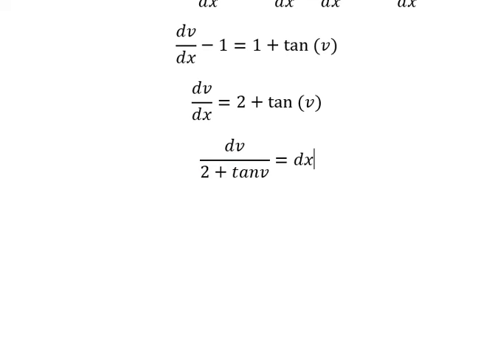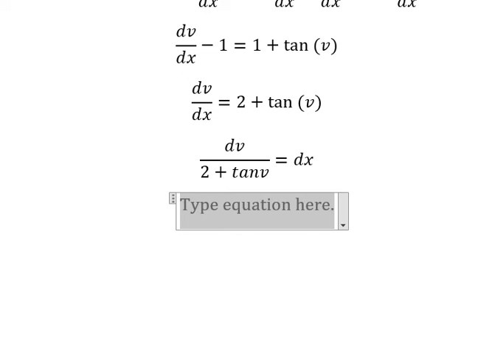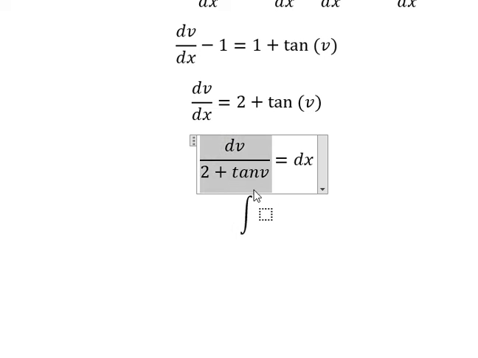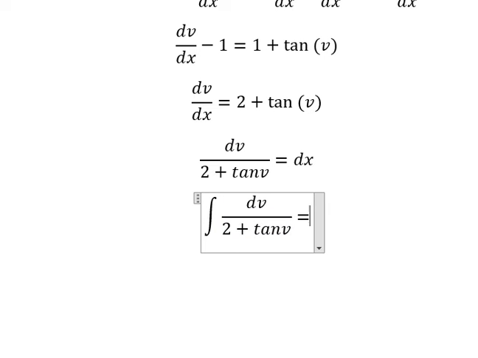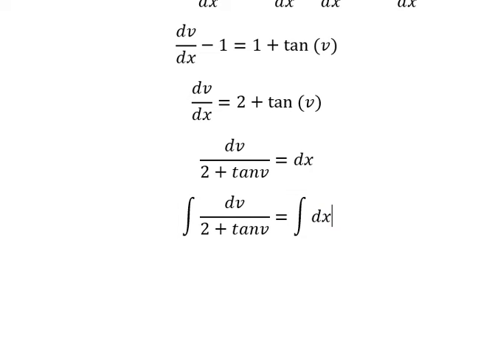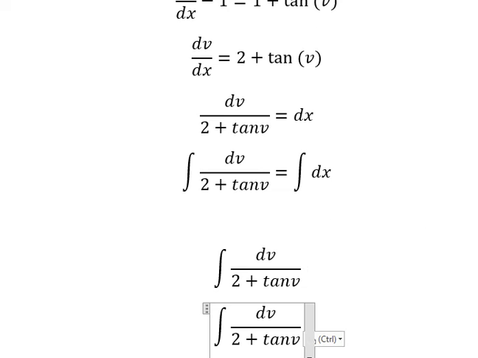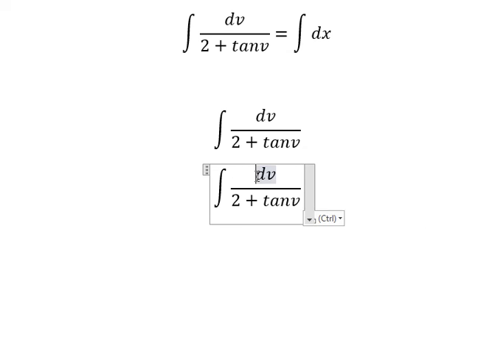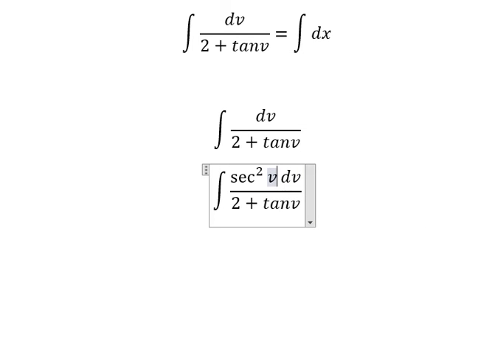Now we can put the integration for both sides. Now I will concentrate on this one. So we need to put secant of v squared on the numerator and denominator.